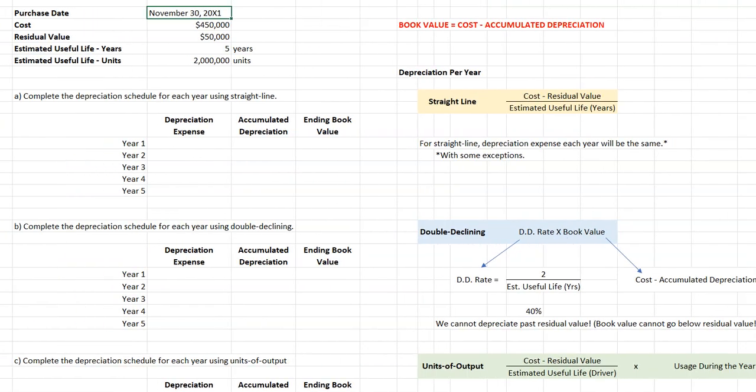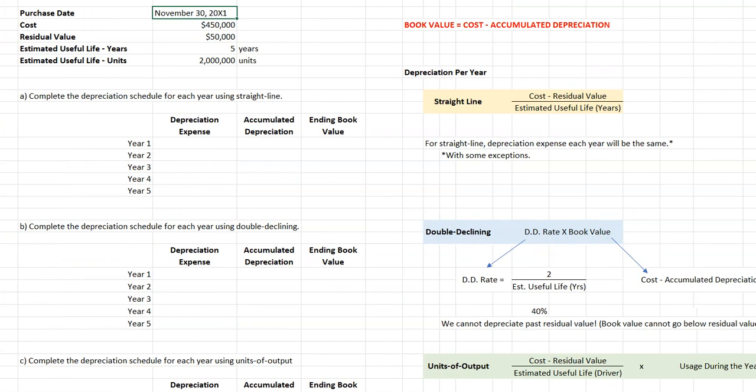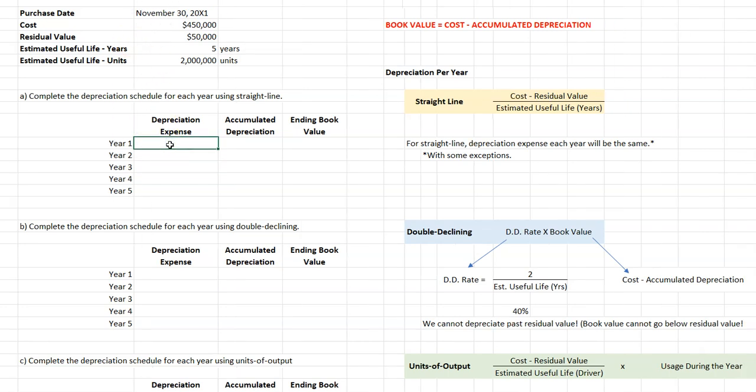All right. Let me get adjusted here. So for the straight line method, the big way that this is going to change our overall formula is we still do the basic foundation of cost of $450,000 minus residual value divided by the estimated useful life in years.